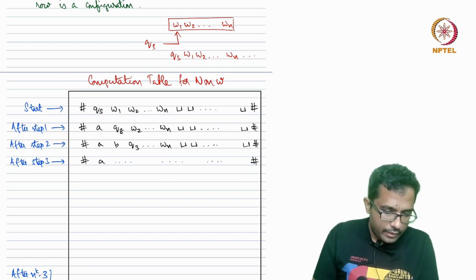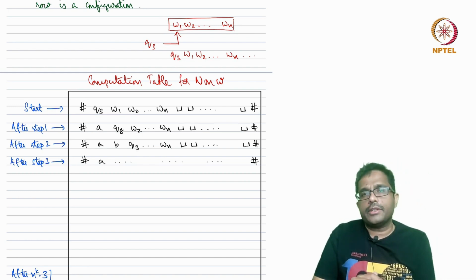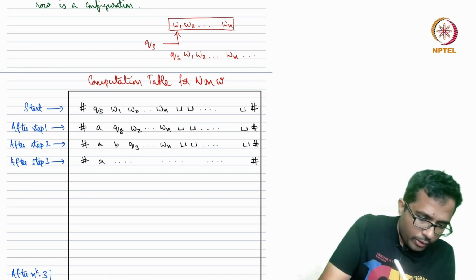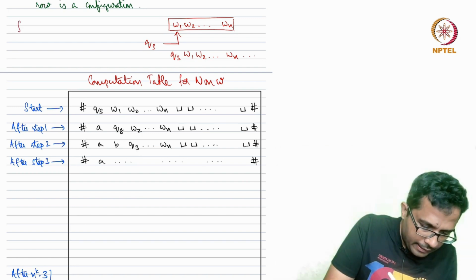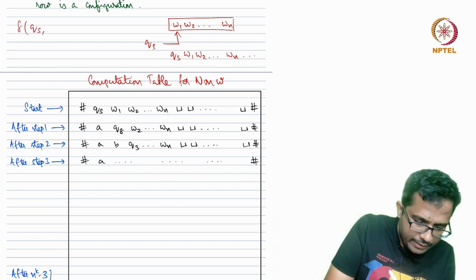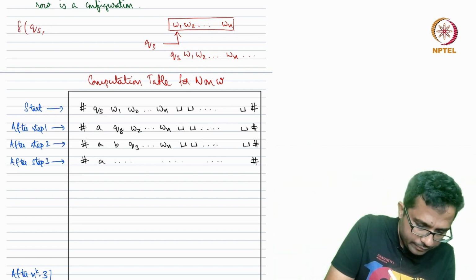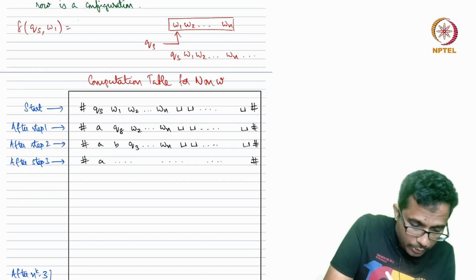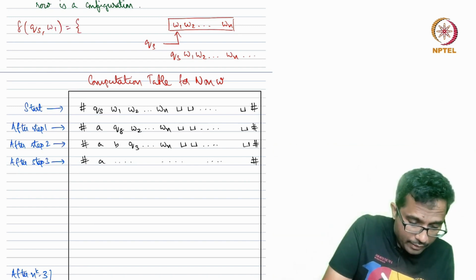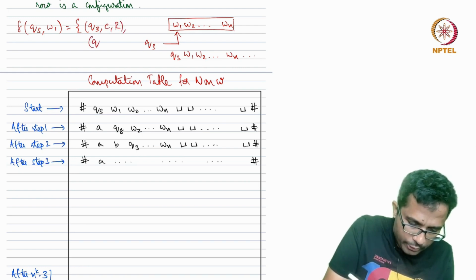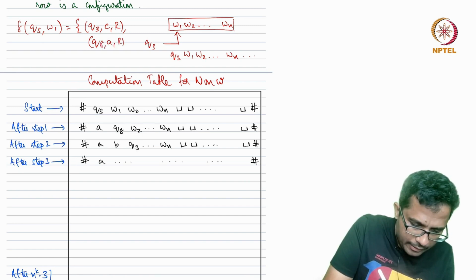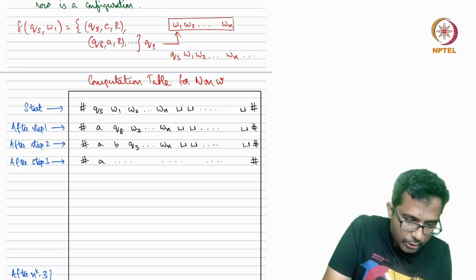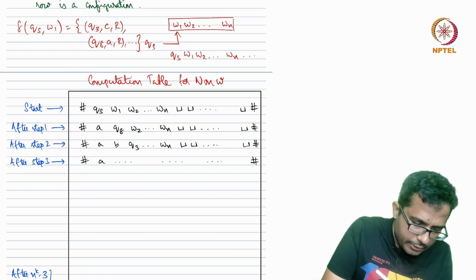Now let's say one of the possible moves of the Turing machine, the NTM N, was this, let's say delta. Initially you are at the starting state and you are reading the symbol W1. Now there could be multiple options available, there could be Q3 C, there could be Q8 A, because it's a non-deterministic Turing machine.